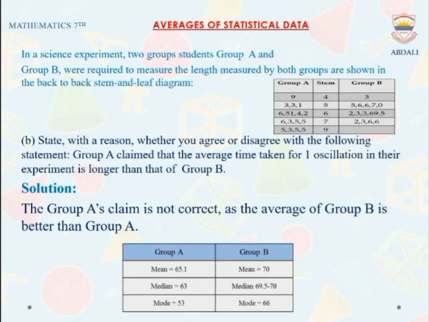Similarly, the mode for group A is 53 and the mode for group B is 66. So now we can see in the table clearly that all three averages of group B are more than group A. Mean, median and mode, all of them for group B are more than group A.